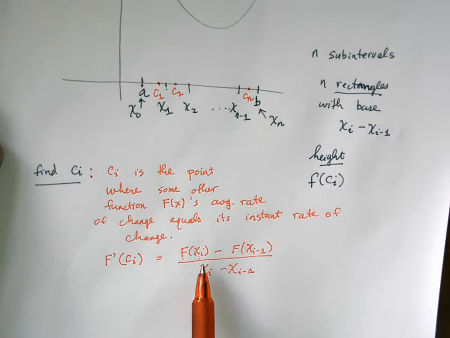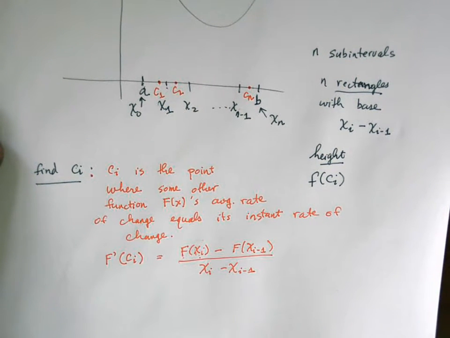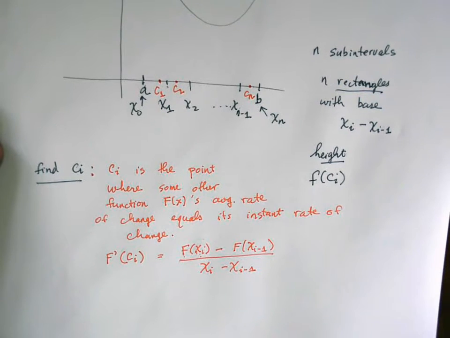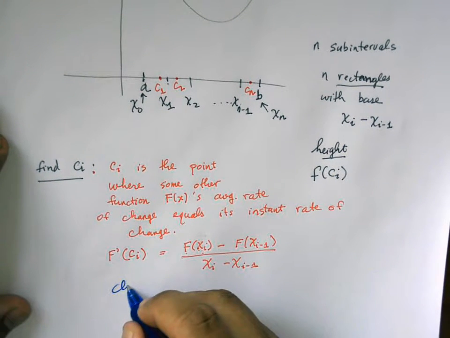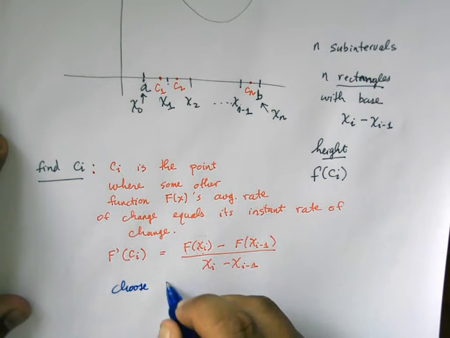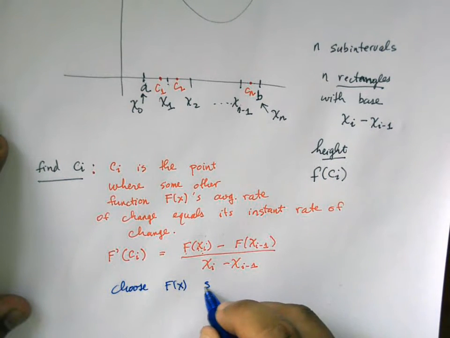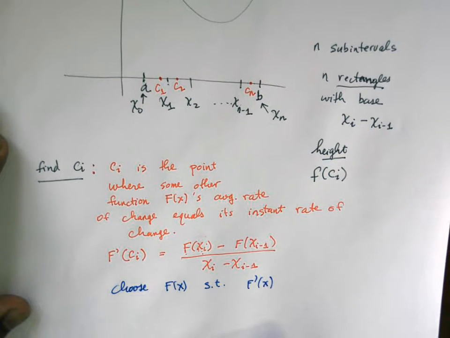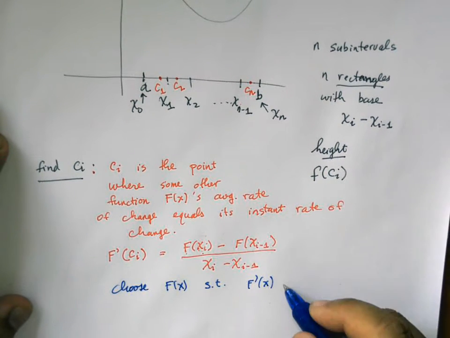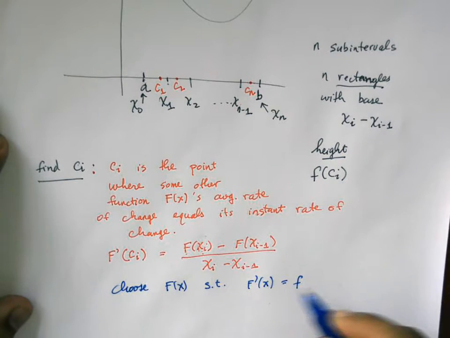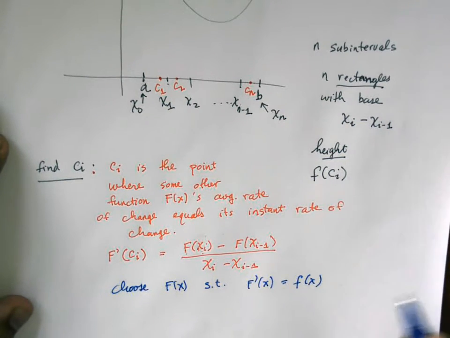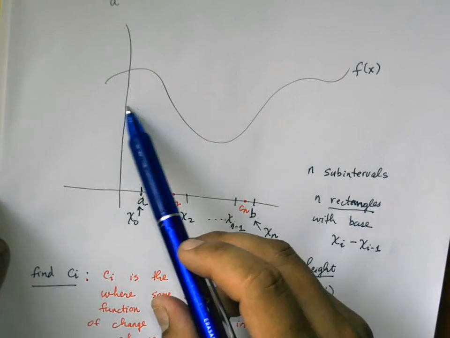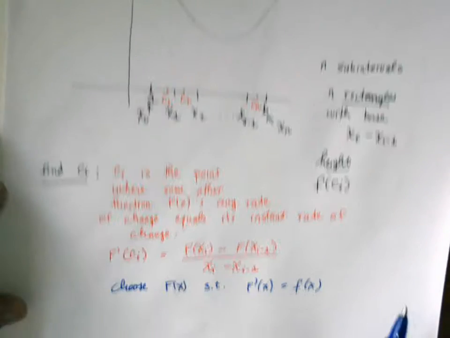Now, the key to all of this is how do we choose big F? Well, we could choose any function we want, but we want to choose big F such that big F prime is equal to little f. Remember, little f is the function whose area we're seeking.